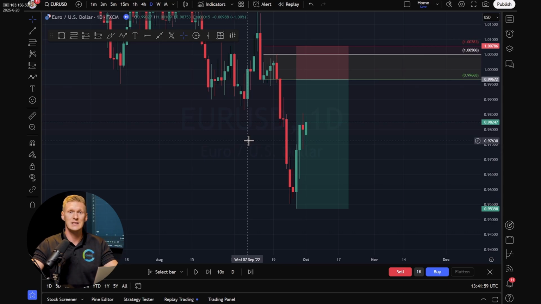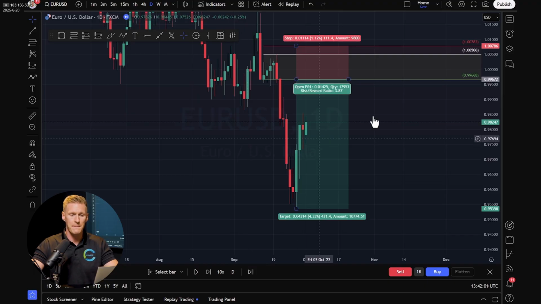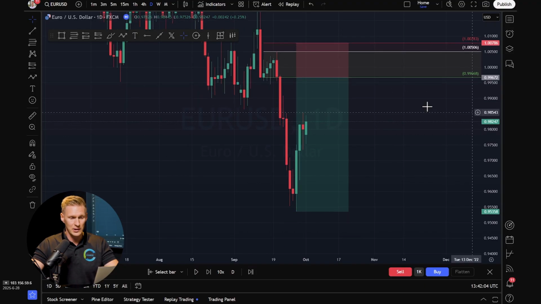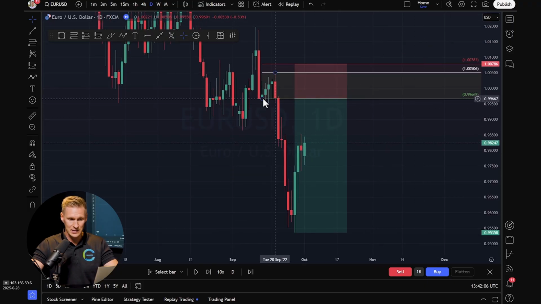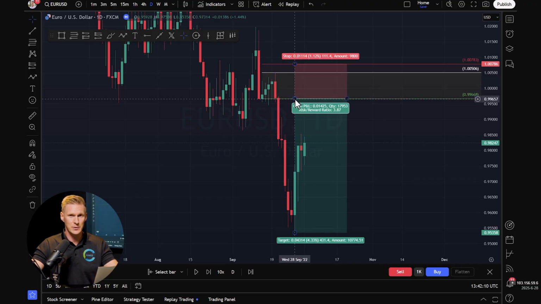One of them is a zone entry, meaning we will not go with a set and forget entry here on the proximal. No, we will move our entry a little bit higher into our zone. Unfortunately, for this entry, we have to spend time in front of our screen.